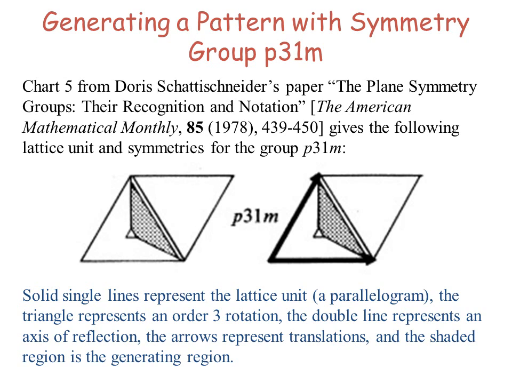The small equilateral triangle represents an order 3 rotation. That is, we will rotate the generating region 120 degrees about the triangle and 240 degrees about the triangle. The double lines represent an axis of reflection, so we will reflect about this axis. Then we will apply the translations, which are given by the arrows.